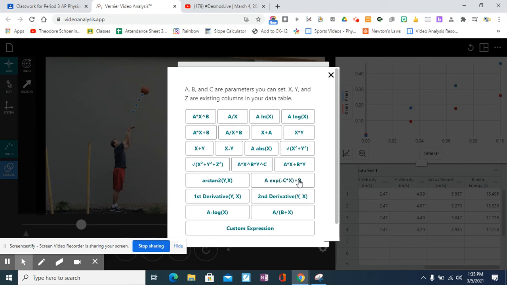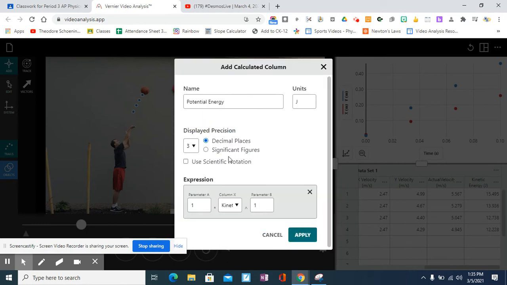And if we think about it, potential energy is mass times gravity times height. We've already mentioned that the mass is constant and the gravity is constant, so we can merge those two together as one constant. Height will vary, and there is technically an exponent of 1 with that. So we're going to actually use the same exact expression here. But this time we're going to take a mass of 1, times it by a g value of 9.8.